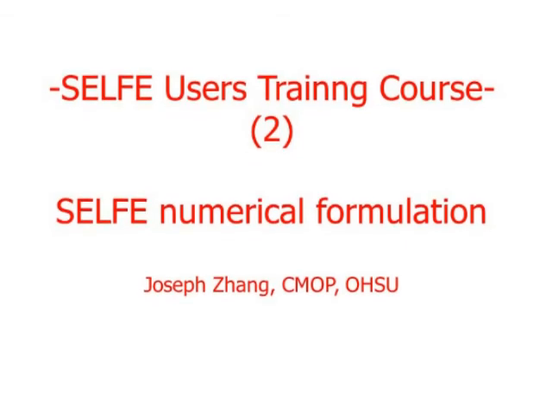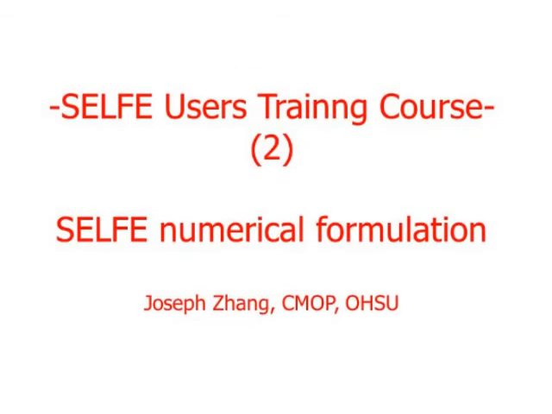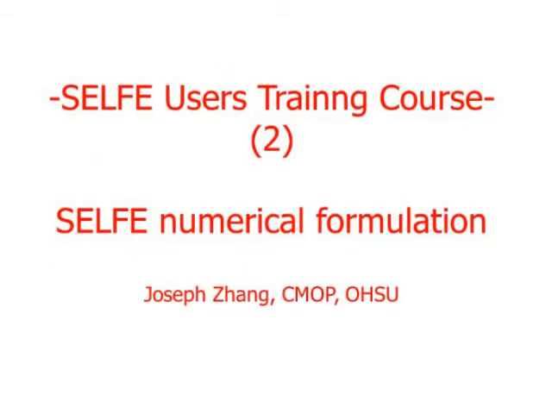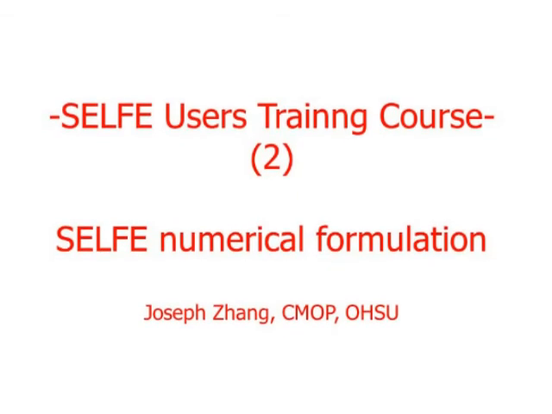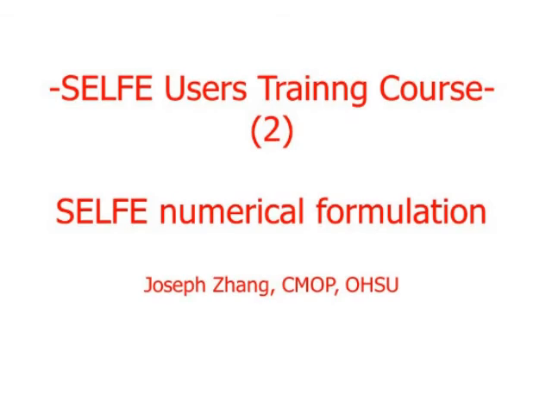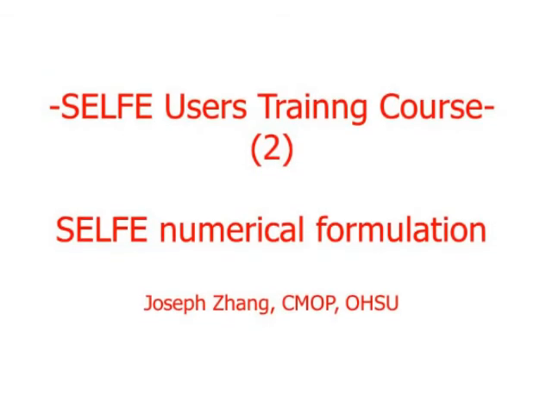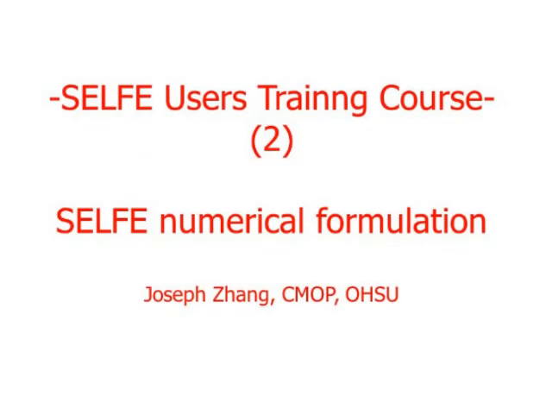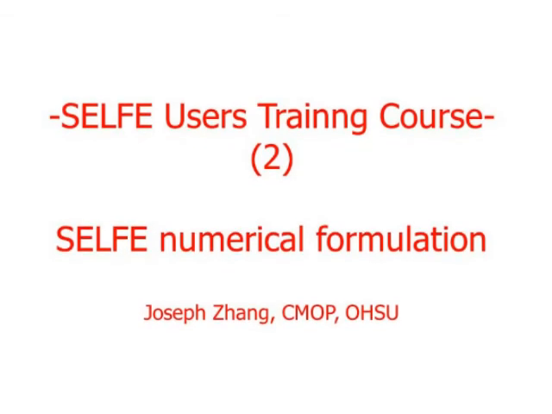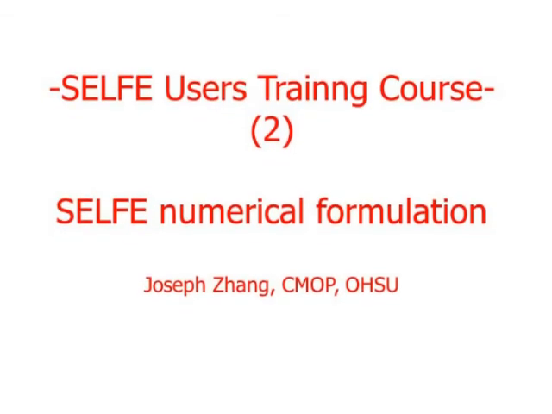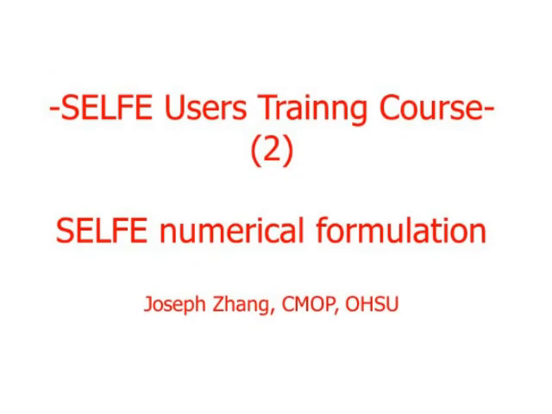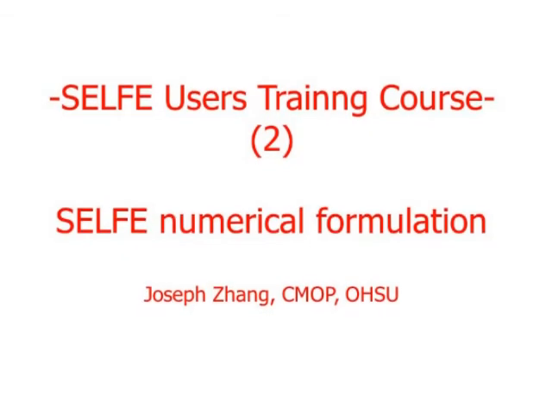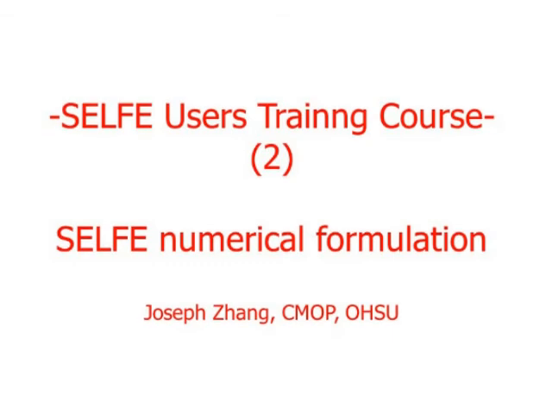Joseph, could you say again, is this about treating it explicitly or implicitly, depending on the sign? Yeah, the sign, whether the total production term is positive or negative. If it's negative, you treat it implicitly. If it's positive, you treat it explicitly.